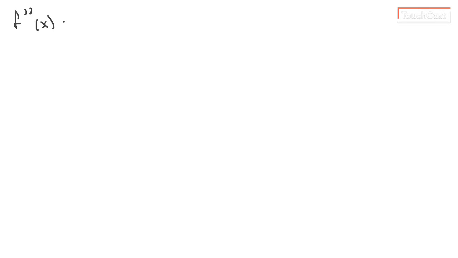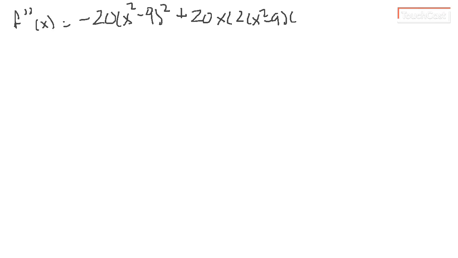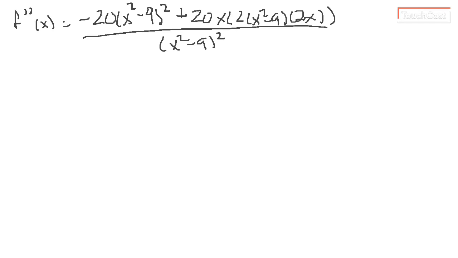So we can write this derivative as negative 20 times x squared minus 9 squared, minus, or really in this case plus, 20x times 2 times x squared minus 9 times 2x, over x squared minus 9 squared.